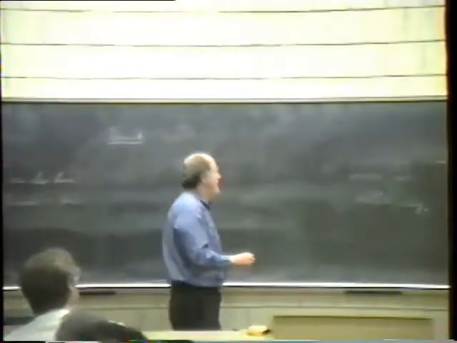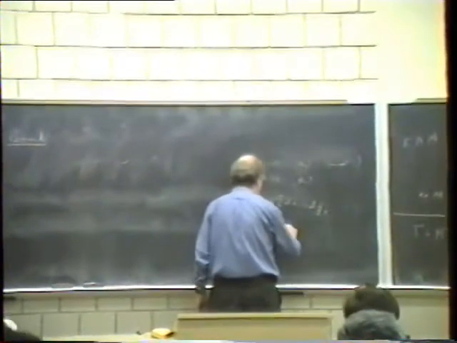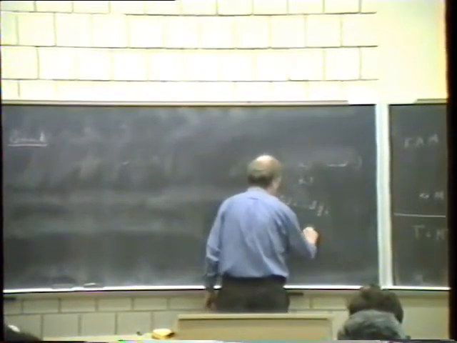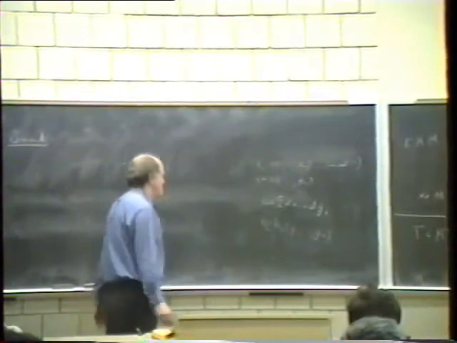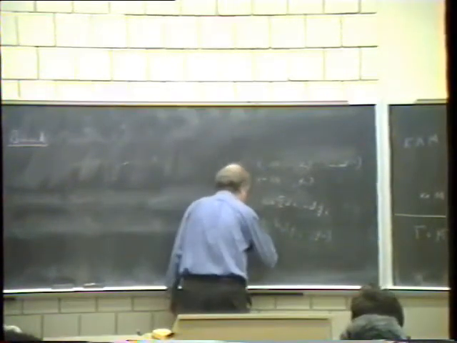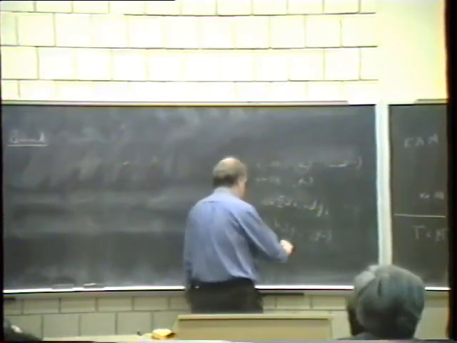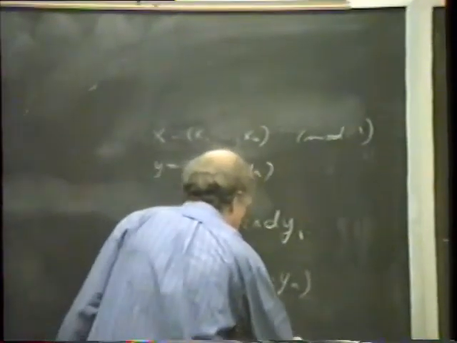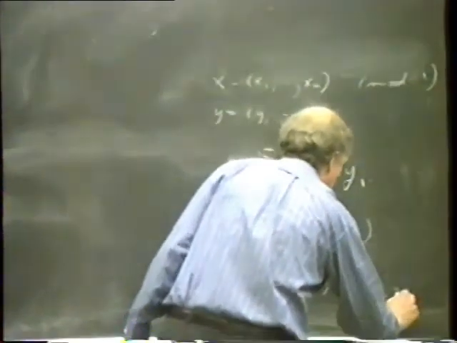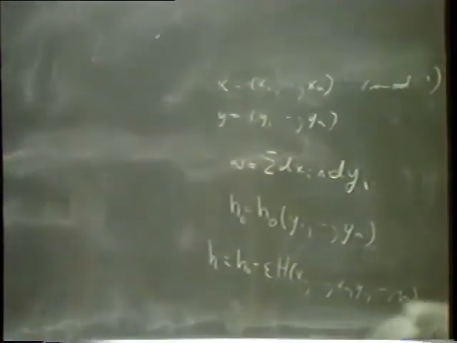And H0 is a function of yi alone. So this is your integrable system, and then typically you consider perturbations H equals H0 plus some epsilon times some function, capital H, of x1 up through xn, y1 up through yn, where the xi's are defined mod 1.